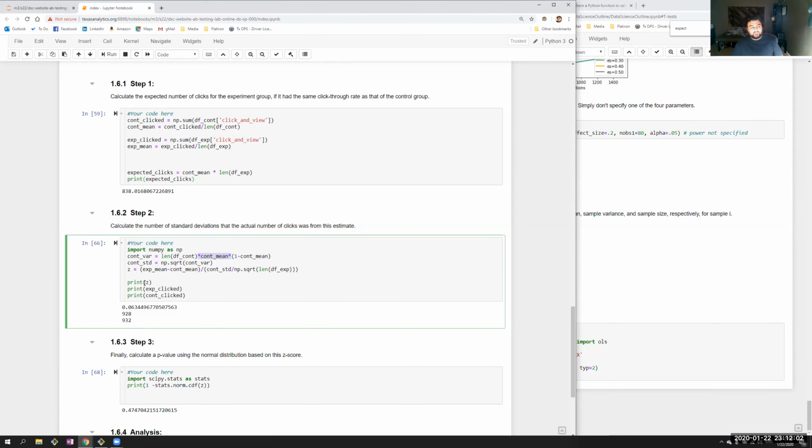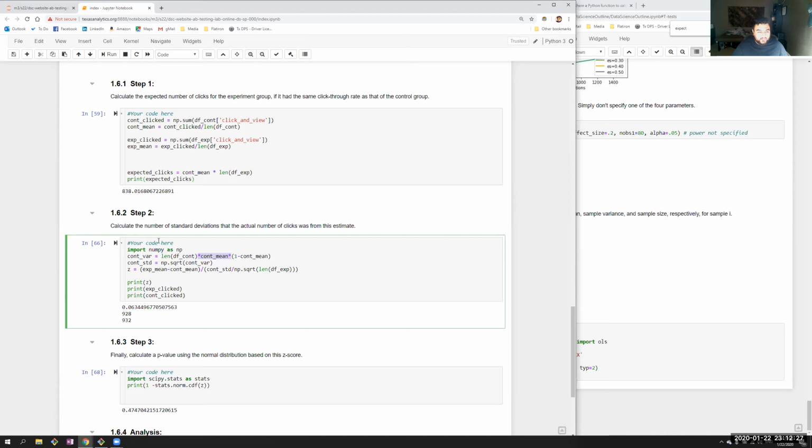To get the z-score, I subtracted the expected mean from the control mean, and then divided that by the control standard deviation divided by the square root of the sample size. I don't know if this is right.